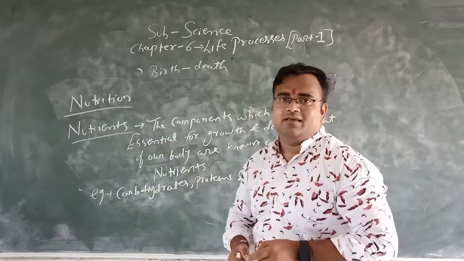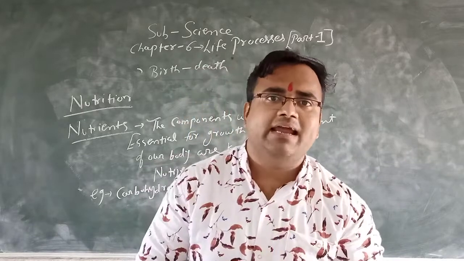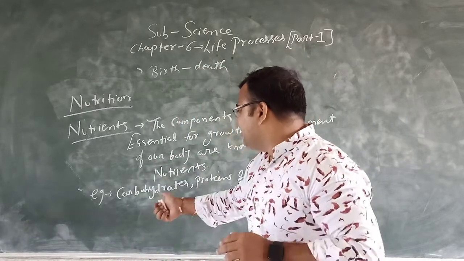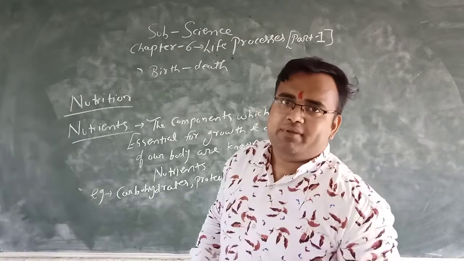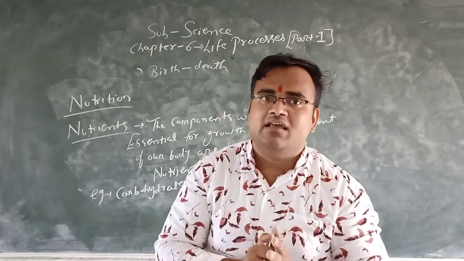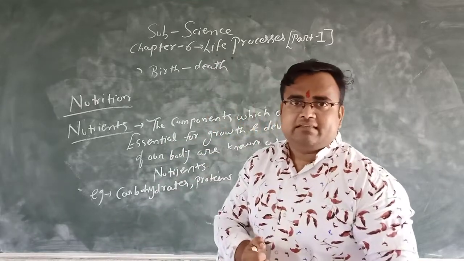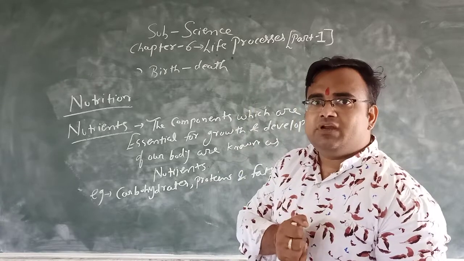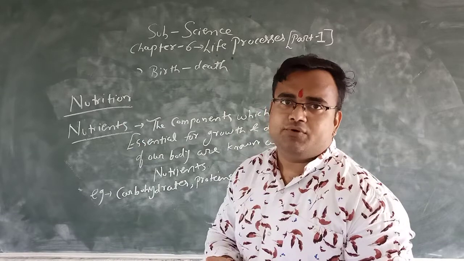By the nutrients. If you are having a balanced diet comprising carbohydrates, proteins, fats, minerals, vitamins, then by these balanced nutrients our immunity will increase. So to have good immunity, we should have nutrients in our daily food.